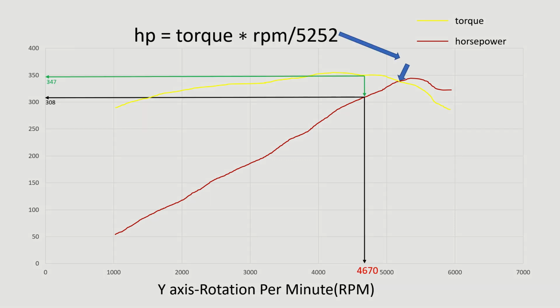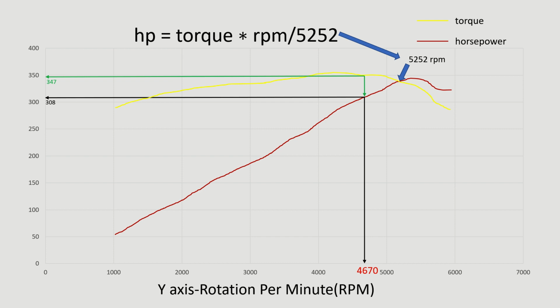Here we have the same curves and the same formula where horsepower is equal to torque times RPM divided by 5252. We remember this value. It's the value where these two curves cross, and let's check this formula. We take a point from the torque curve.